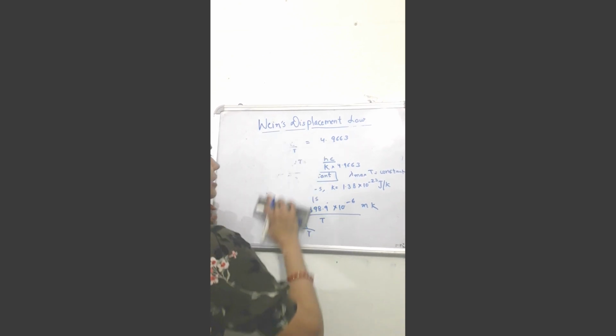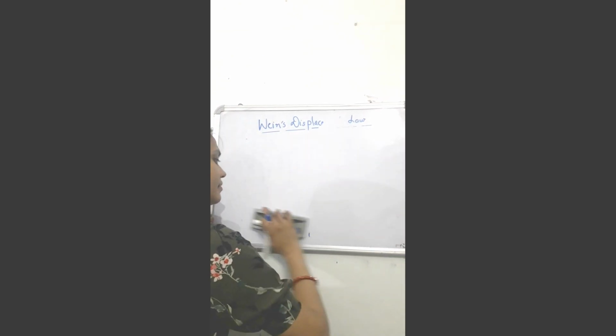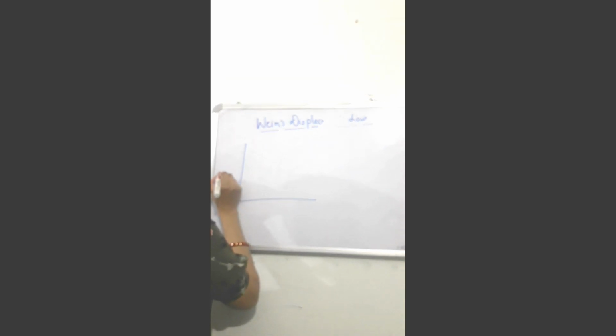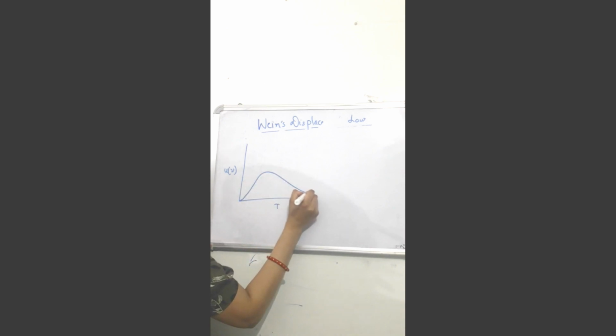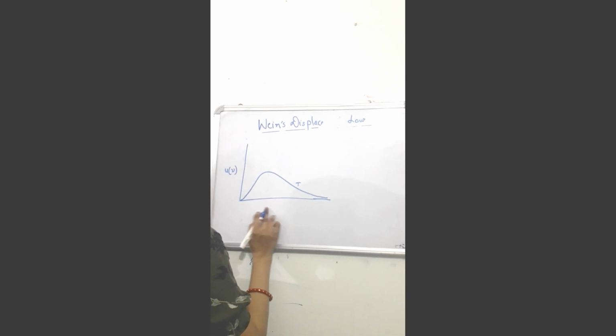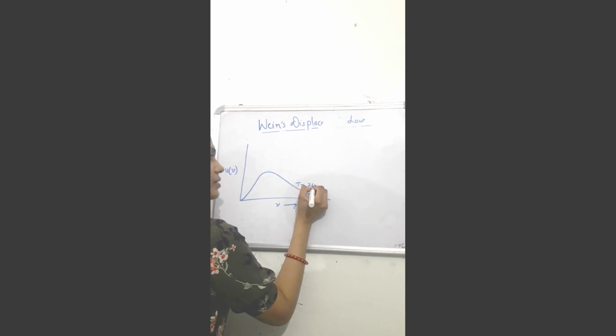Now in the graph, we have seen that if we plot spectral energy density against wavelength, the curve is like this, for example at T = 2000 Kelvin.